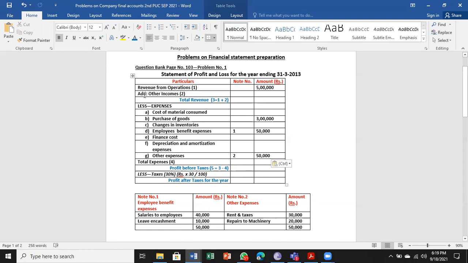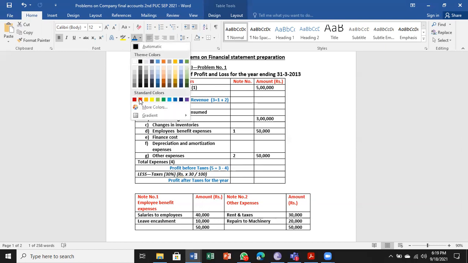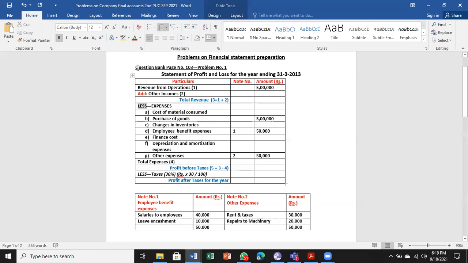And even here, add other incomes. We don't have any, so we are going to enter nothing. So 5 lakhs is the total revenue.